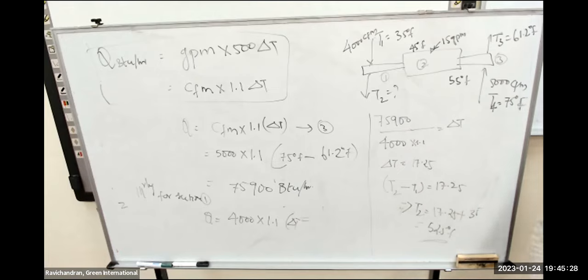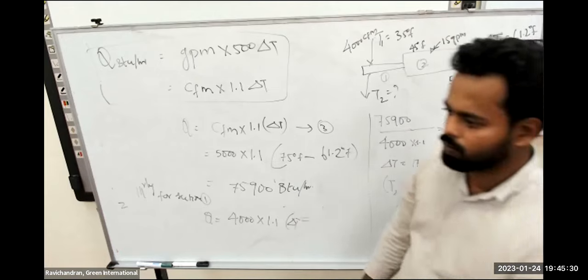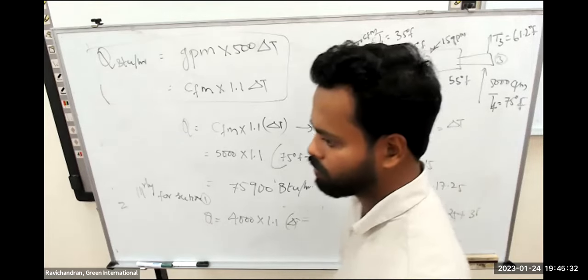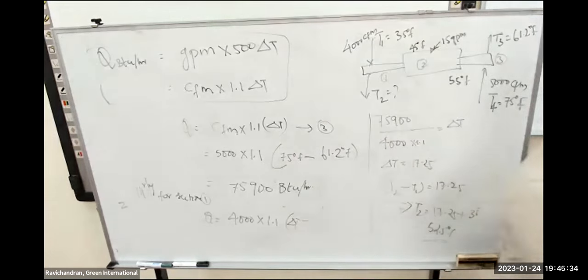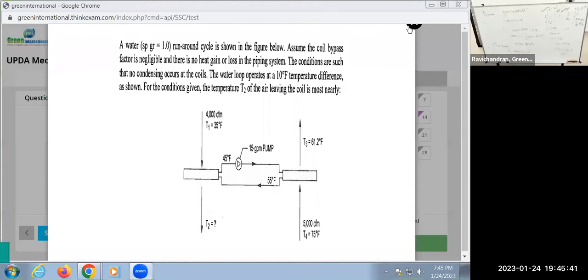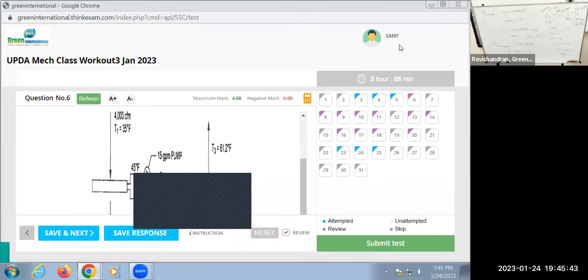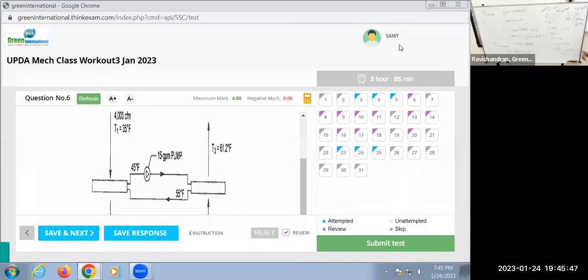So shall we move to the next question? Clear on this? How about the equals? Pardon? Q for sections 1, 2 and Q for sections 3, 4, so we make them equal?